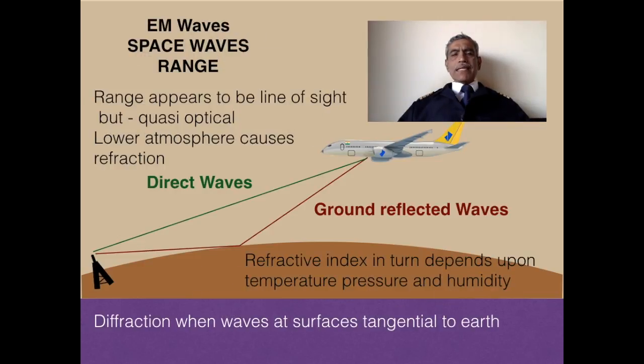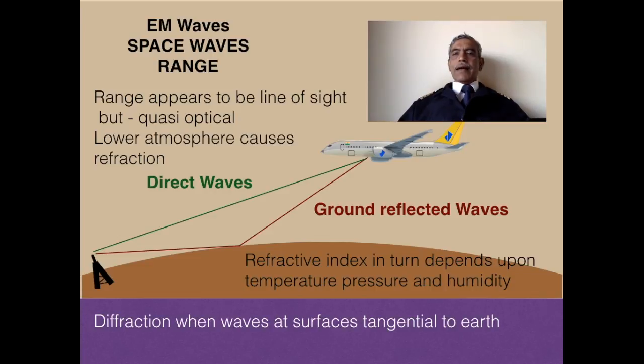Like we always discussed, we call this range line of sight, etc. But we are learning that there are always phenomena in the atmosphere which cause bending and give rise to a little bit of extra range.